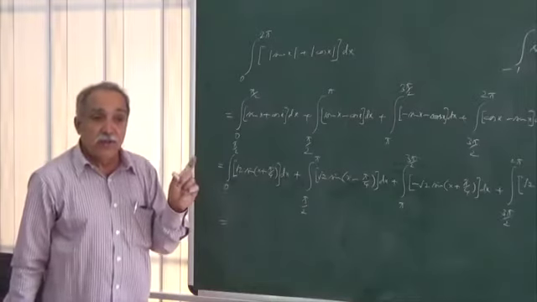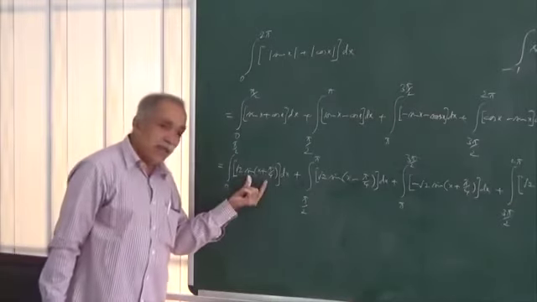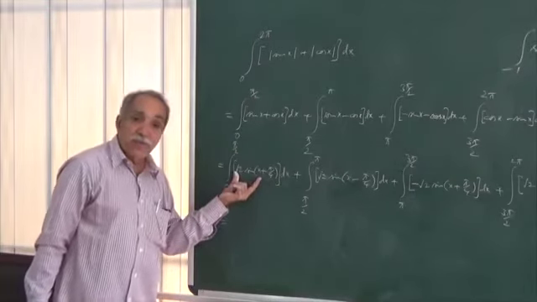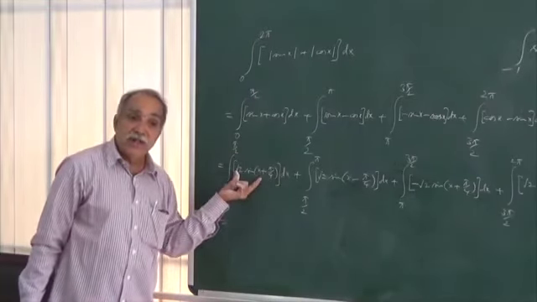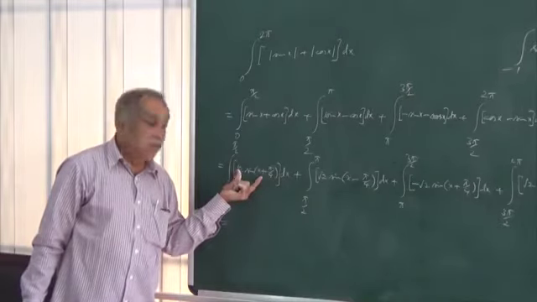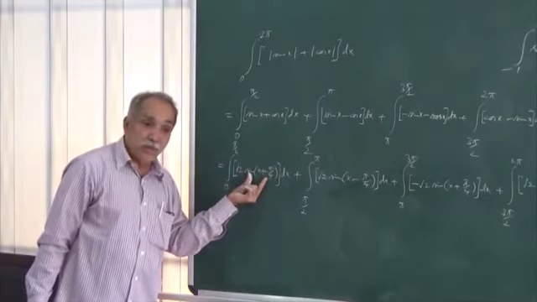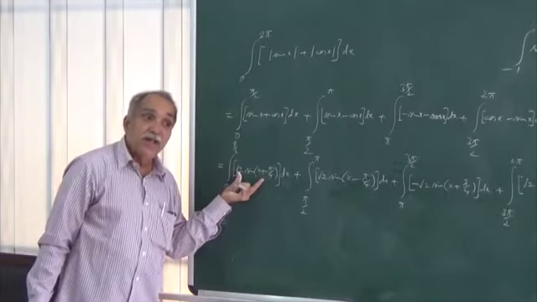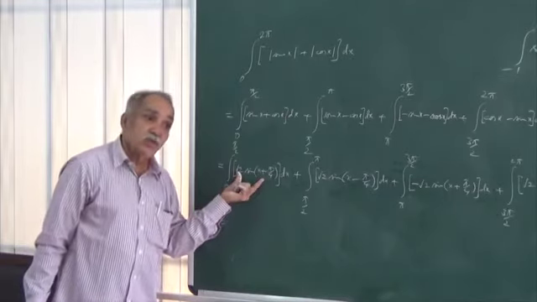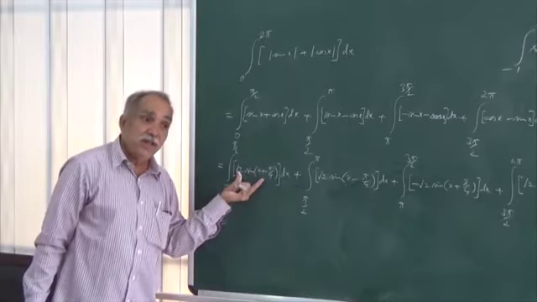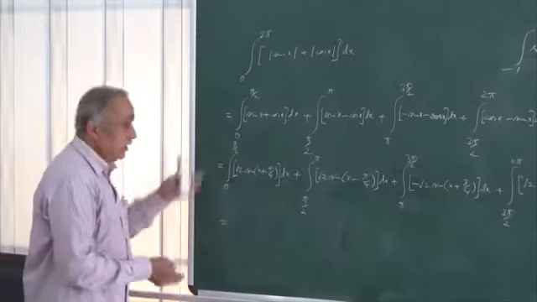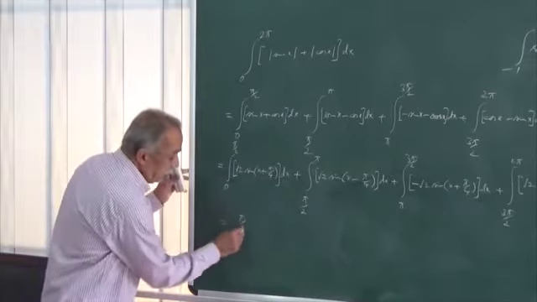Get it multiplied by root 2, and the product will lie between 1 and root 2. So the values will have a common integer part, and that common integer part is equal to 1. Integral value pi by 2.